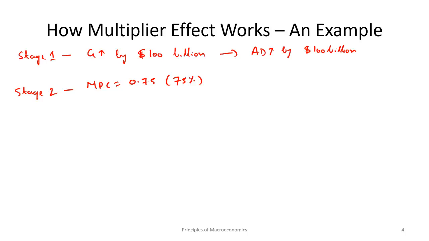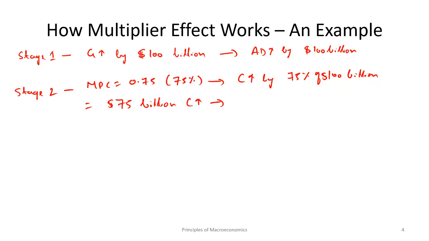So in stage 2, or round 2, consumption increases by 75% of 100 billion, which is equal to $75 billion.